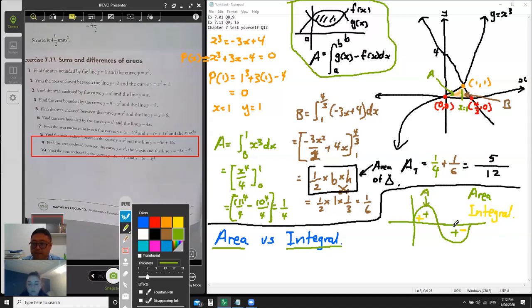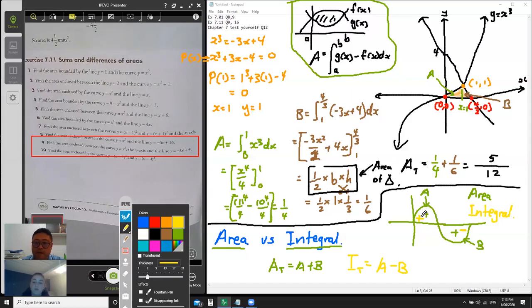That's A. That's B. What is the total area of this shape? A plus B. Would be the total integral of this shape? A minus B. Okay.